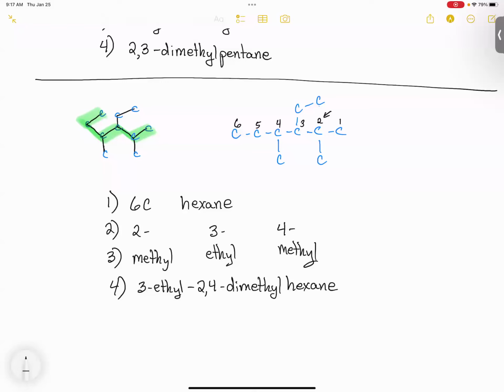No, because it's not a substituent. It's part of the main chain, which is the longest one you can draw without lifting your pencil. So I could go 1, 2, 3, 4, 5, 6, and that actually became the main chain. I just made it easier by writing it out in a straight line.